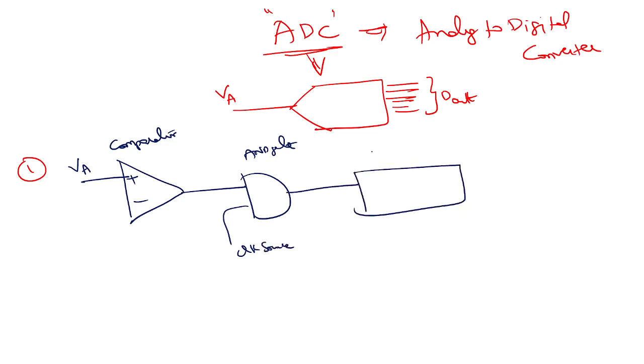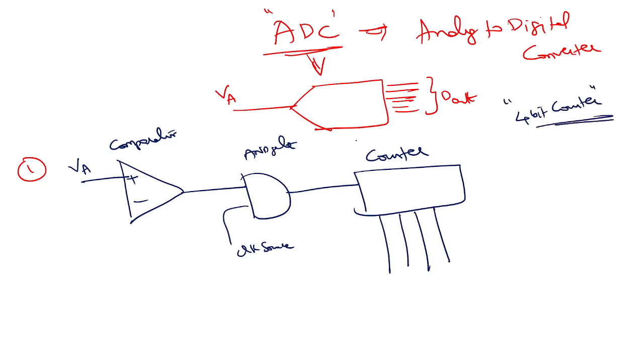And this is a counter. Now let's say for sake of understanding, I'll take a 4-bit up counter. So Q3, Q2, Q1, Q0. And this is enabled by a clock. The output of the clock is given from the AND gate.